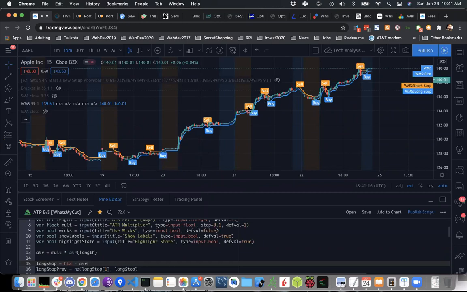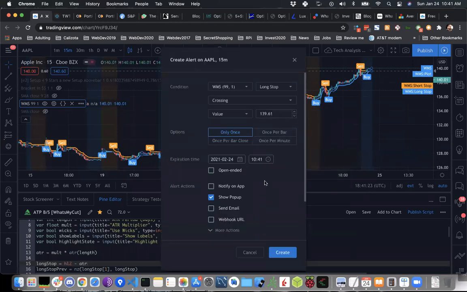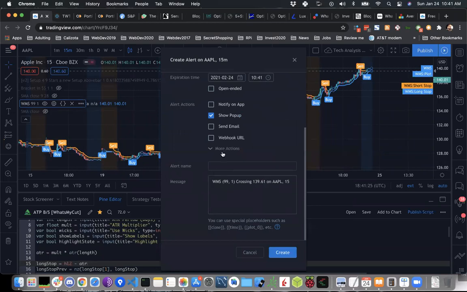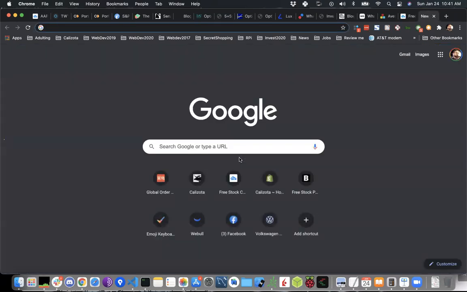And on these indicators, I can attach alerts, and I can have that alert be sent to an email, or I can send it to a webhook, and I can have a website like IFTTT, ifthenthat.com.